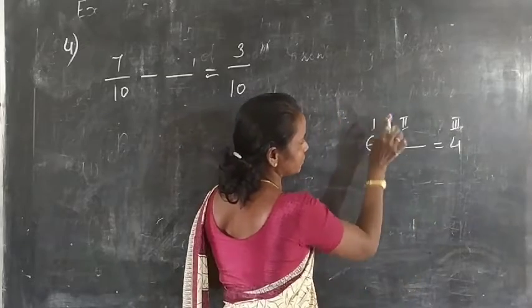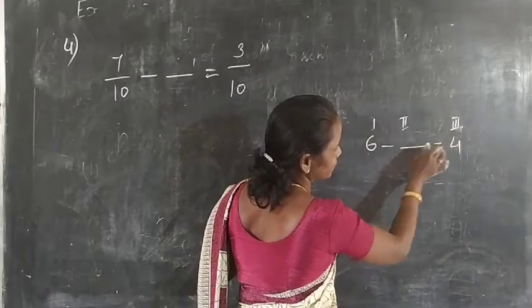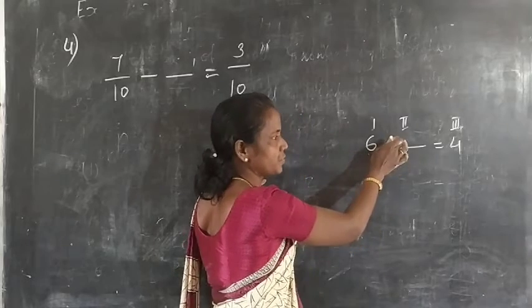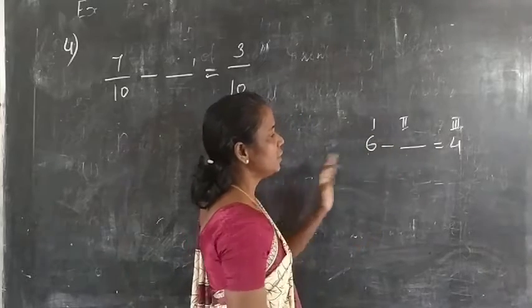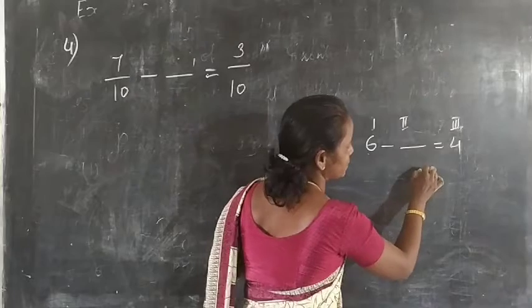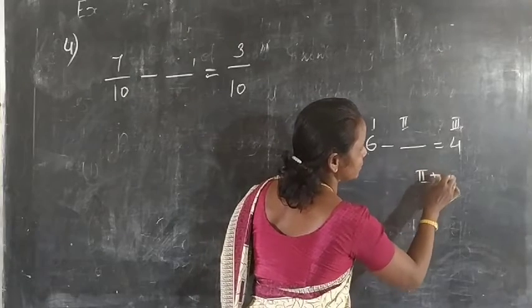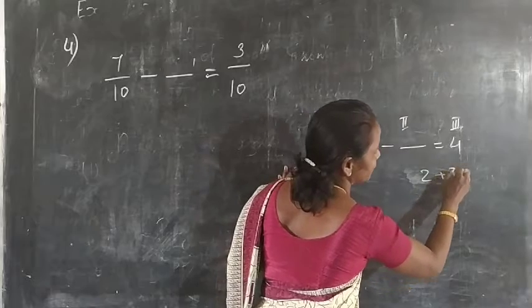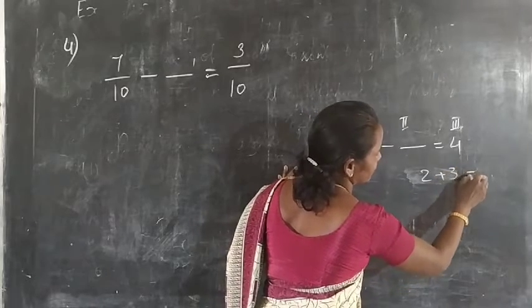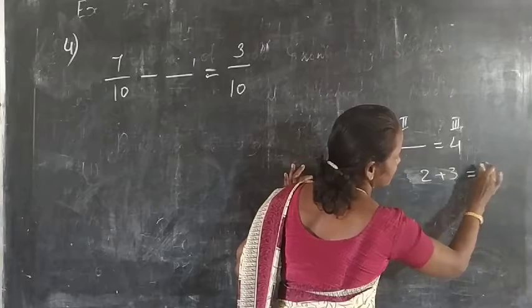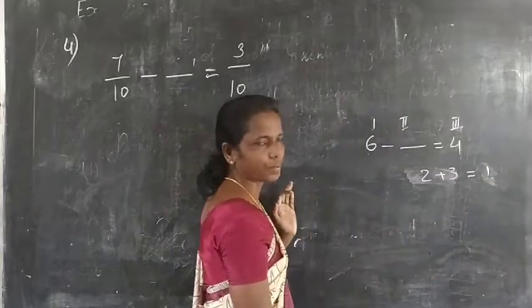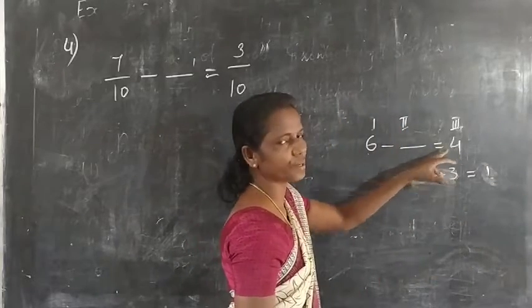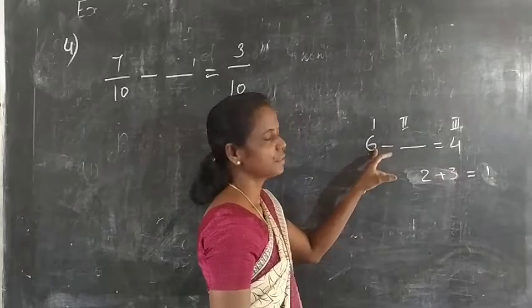Here the second number is not given. How to find the second number? The second number plus the third number is equal to the first number. Is it clear? We add these two numbers, we get this number.